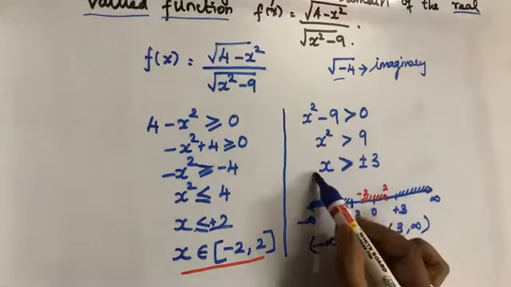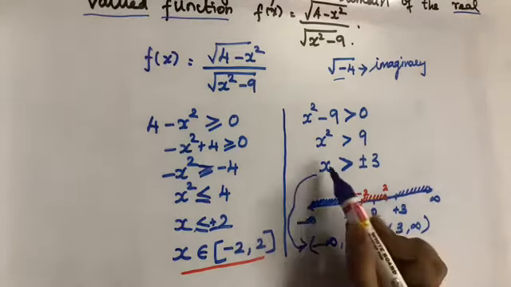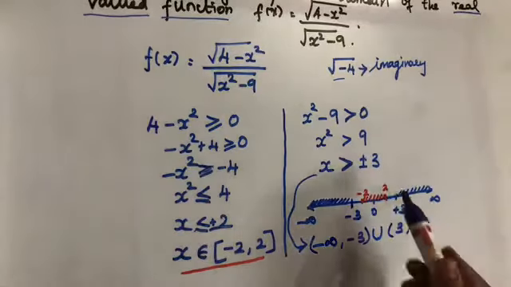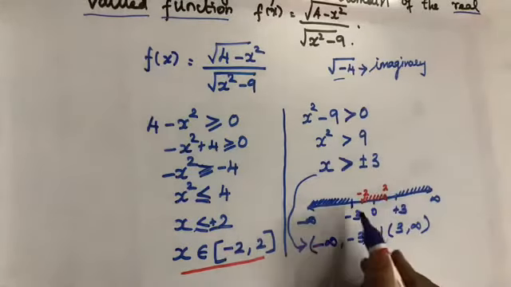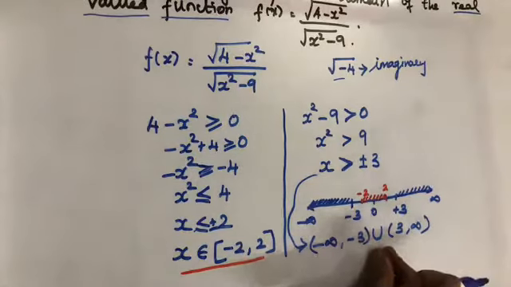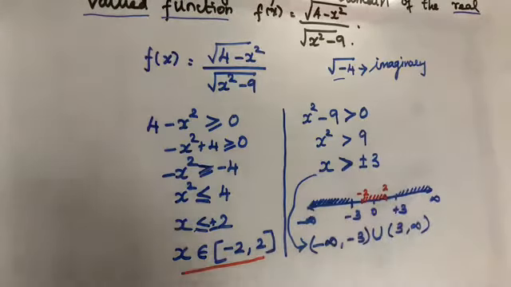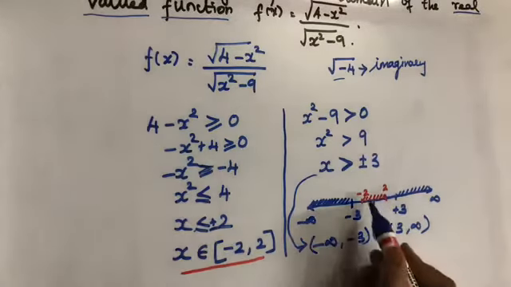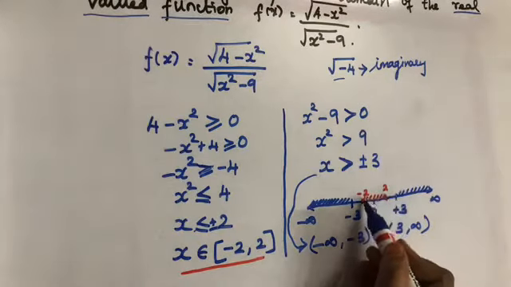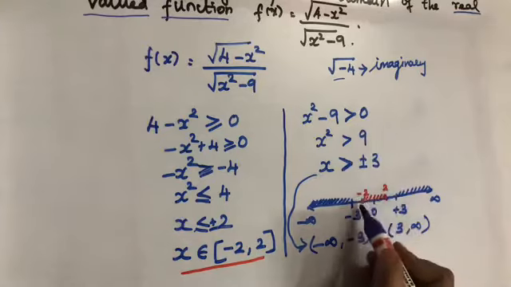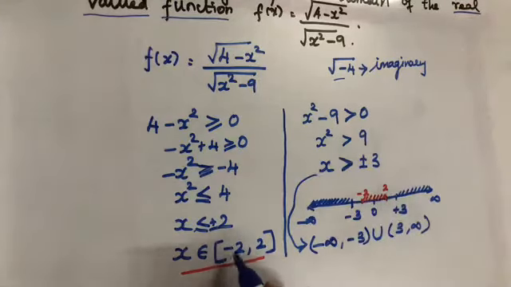That's the meaning of x greater than plus or minus 3. So minus infinity to minus 3, union 3 to infinity. Here x belongs to minus 2 comma 2, so all the values between minus 2 and 2, including minus 2 and 2, because it is a closed interval.